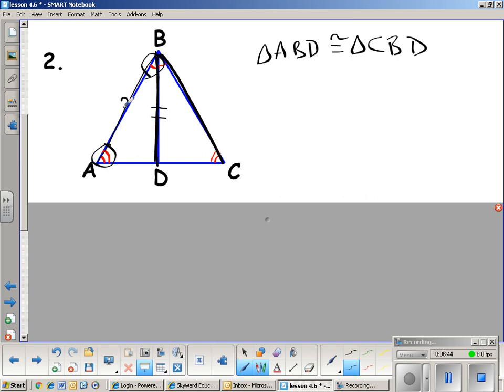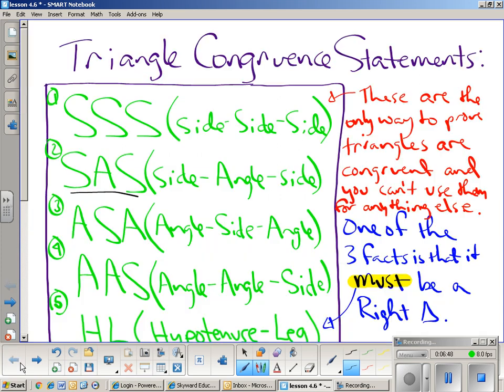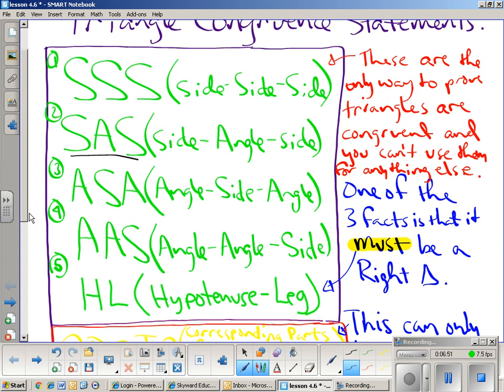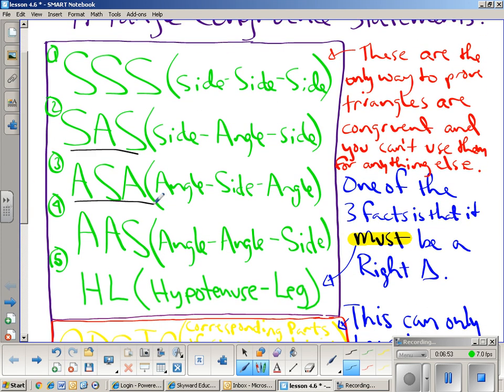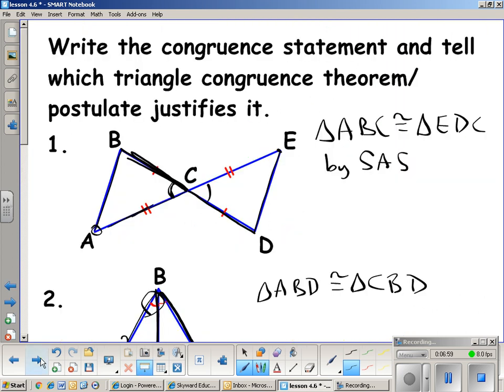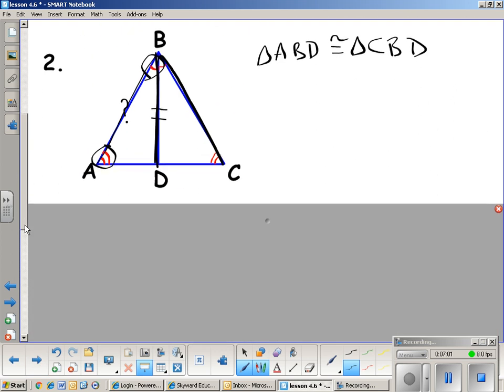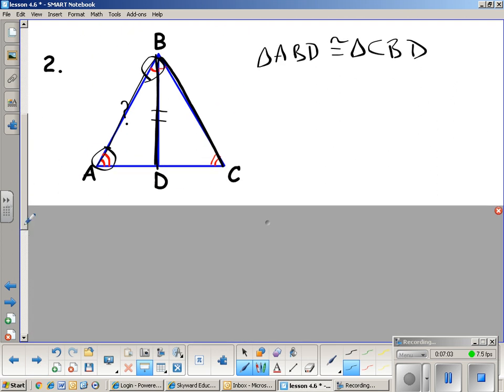This would be the side that's between them, right? We don't have that. And so if I look at two angles and a side, it's either angle, side, angle, or angle, angle, side. Those are the only ones that have two angles and a side. And so you are correct. By angle, angle, side. Anybody have questions on that?